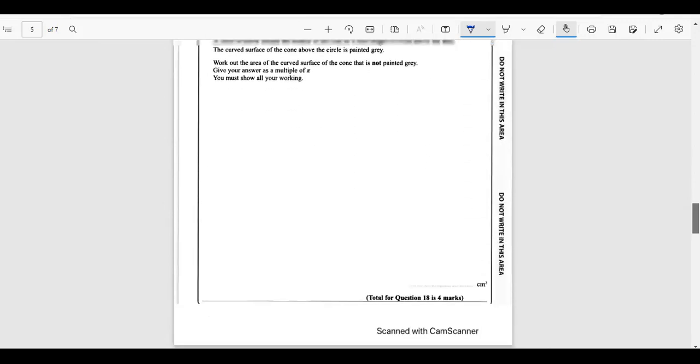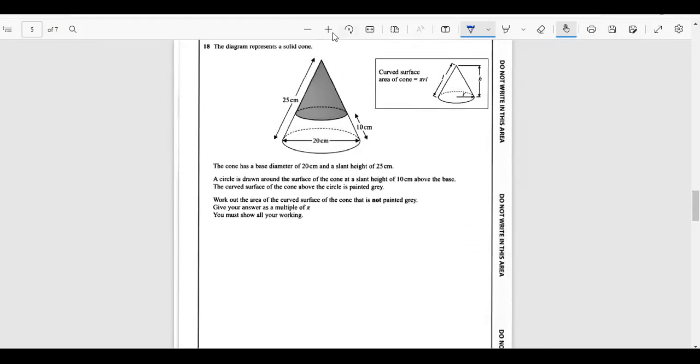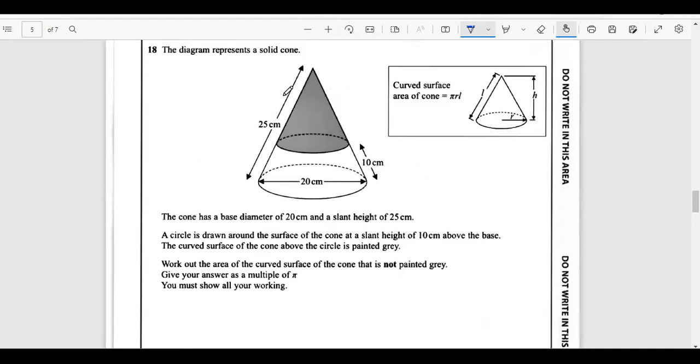This is also a very good and interesting question. Let's do it. It says the diagram represents a solid cone. The cone has a base diameter of 10 centimeters and a slant height of 25 centimeters. A circle is drawn around the surface of the cone at a slant height of 10 centimeters above the base.